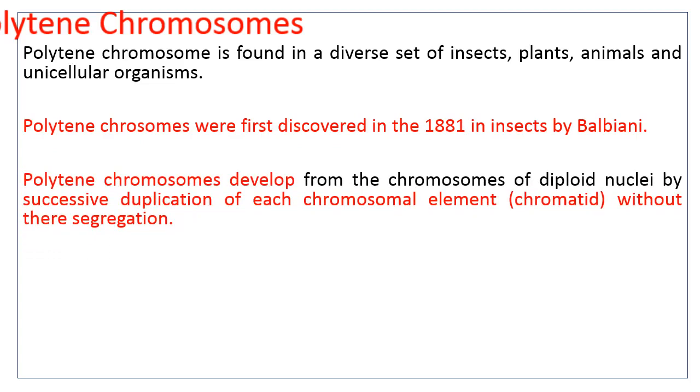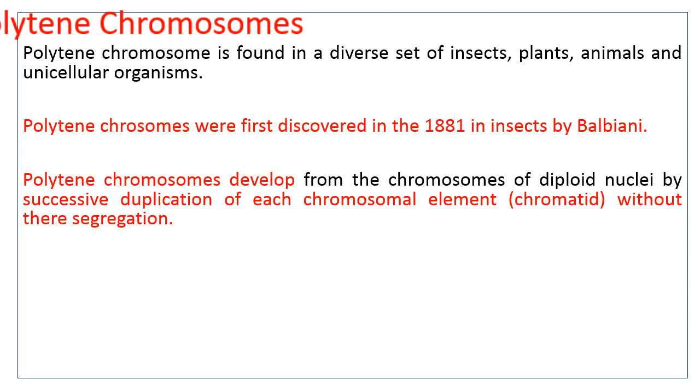Polytene chromosomes develop from the chromosomes of diploid nuclei by successive duplication of each chromosomal element, that is the chromatid, without their segregation. Here we have to keep in mind that whenever a cell undergoes division, it generally divides into two cells, which is known as mitotic division.